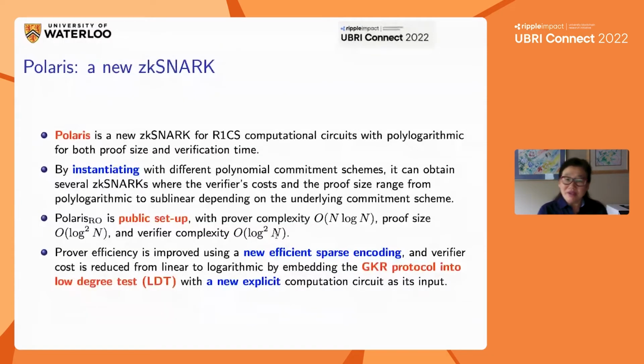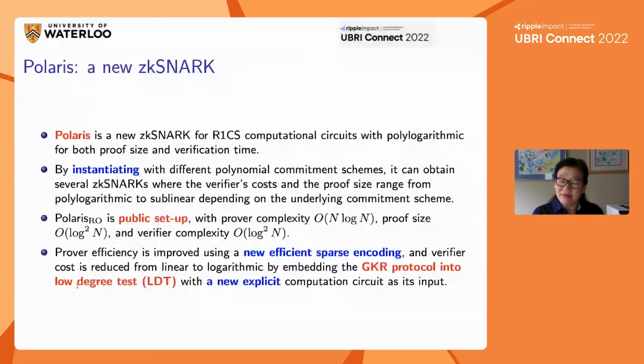And our efficiency is achieved using a new efficient sparse encoding. And for the prover's cost, we can reduce it from linear to logarithmic because we embedded the zkR protocol into the low-degree test.